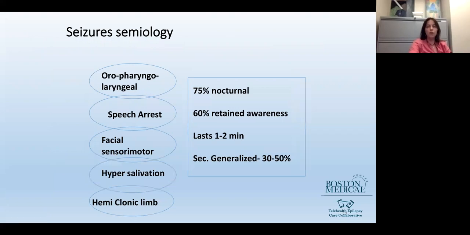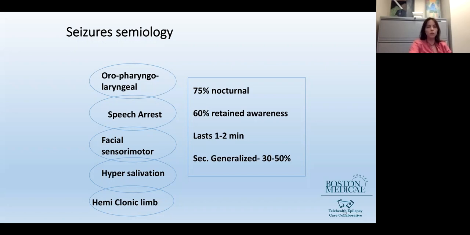These are usually focal onset aware, which means the patient is usually aware during that seizure, and that's why they may be a little bit frightening, because the patient might have symptoms like numbness or tingling or paresthesias or some freezing sensation in the oropharyngeal area, so inside the mouth. It may involve the whole side of the oropharynx, or it might even just be localized to one tooth, so it might be a very localized seizure.